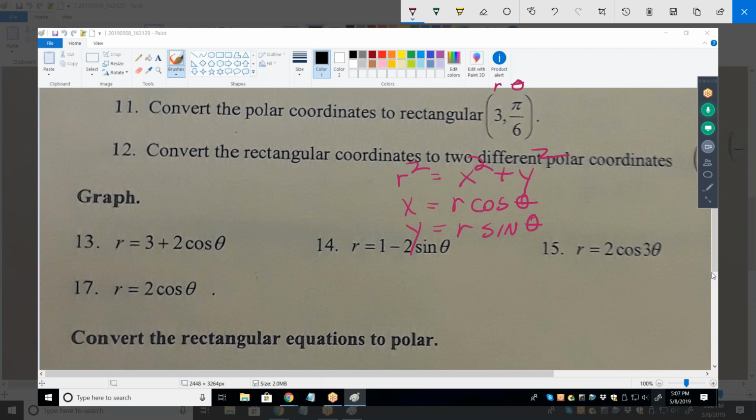So what we need to do is figure out what x and y are, because those are our rectangular letters. Let's start with x. x is r cosine of theta, which is what in this case? 3 cosine of pi over 6. And y is 3 sine of pi over 6.